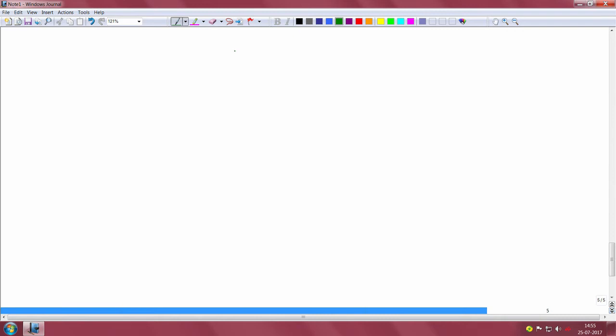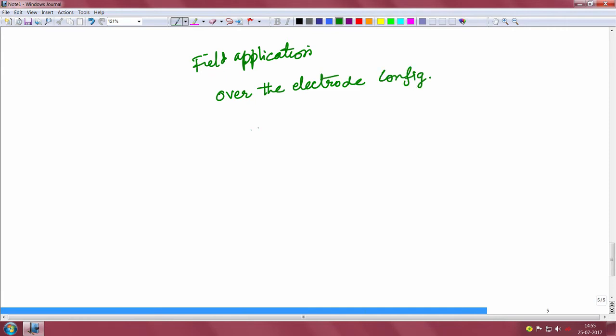So, the electro-optic effect is heavily dependent on the direction of the application of the fields. The simplest case that we have considered is called the over-the-electrodes configuration. So, I am drawing the cross section where you have a light wave below.